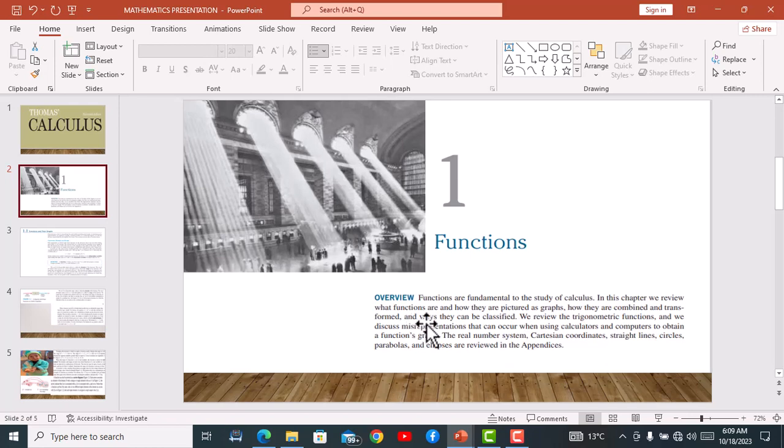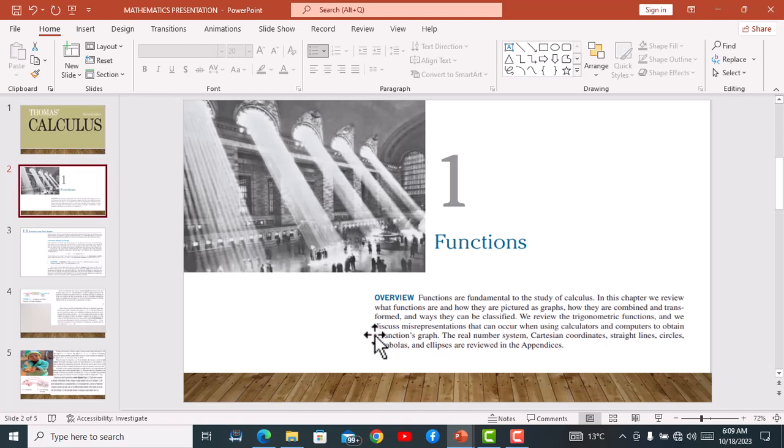We also look at how they are combined and transformed. We can combine these functions and we can transform them by enlarging, translating, rotating. Many things can transpire, and there are ways they can be classified. There are different classes through which these functions can be classified.